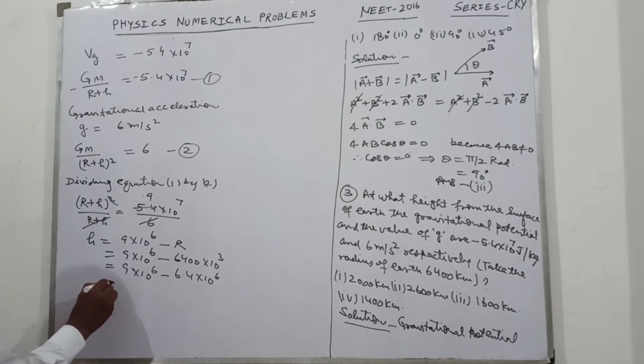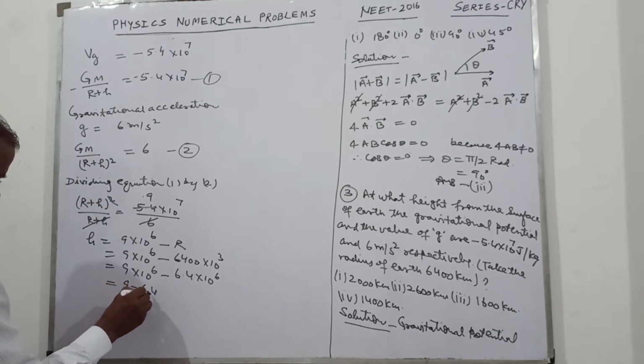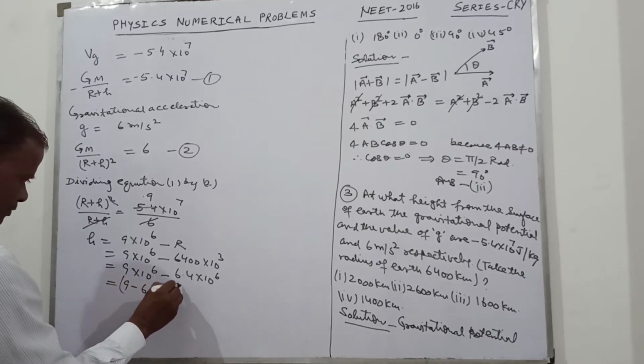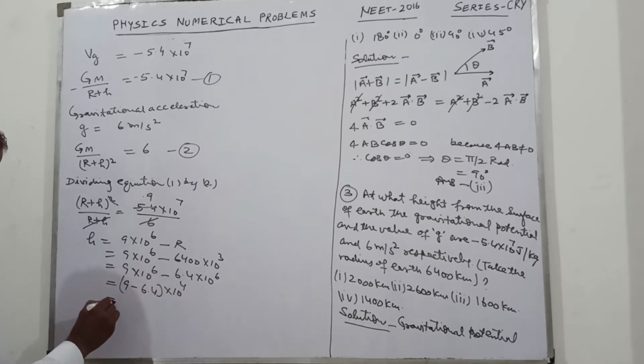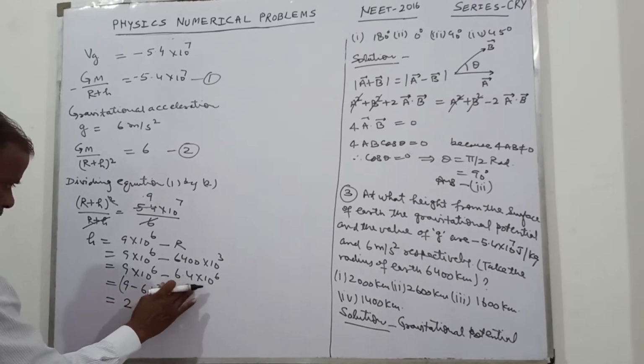Subtracting, 9 minus 6.4 gives 2.6, so this is 2.6 into 10 raised to the power 6.